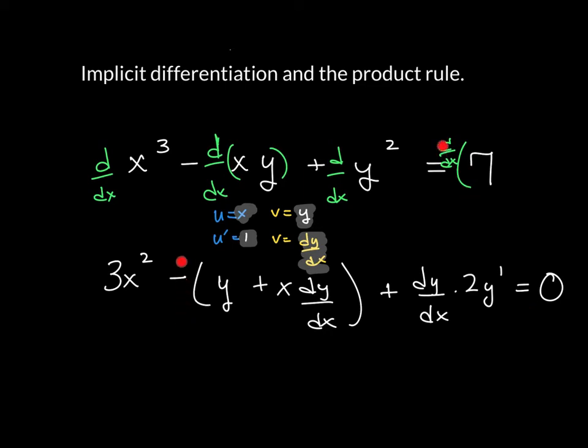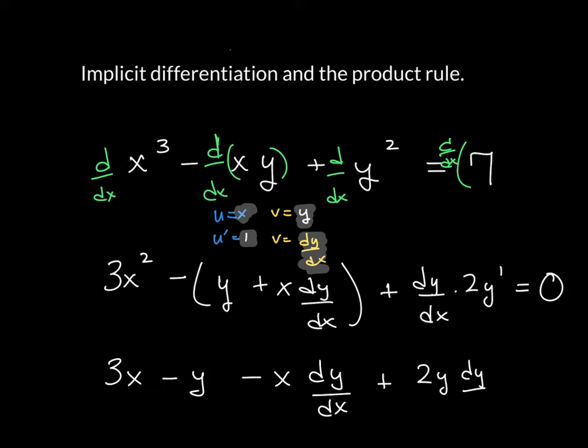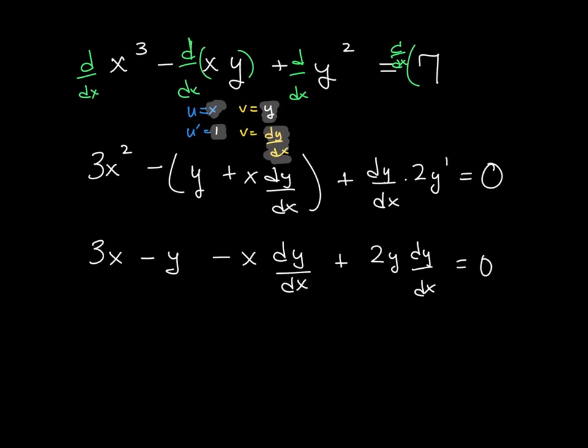Let's go ahead and simplify all of this out now. And I'm left with 3x squared plus y plus x dy dx plus 2y dy dx is equal to 0. Now, our goal here is still the same, I still need to solve for and find the first derivative, dy dx.